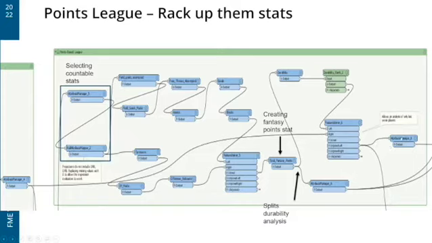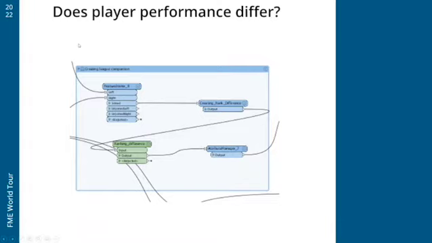which I then filter out and join up in a process that I will describe to you right now. And then the bottom, which doesn't have the durability, obviously goes up to my draft board for that year. So this is where it joins in, and where I create my analysis for if the player performance differs.